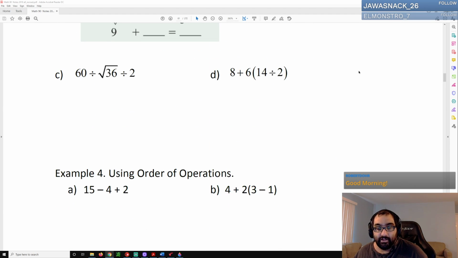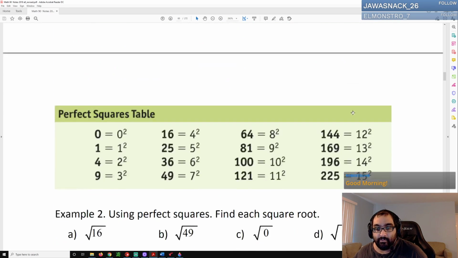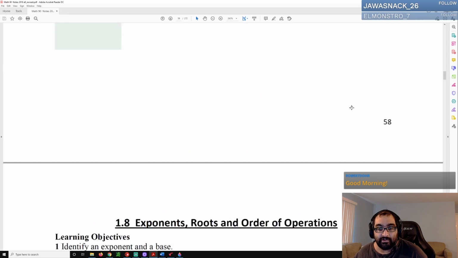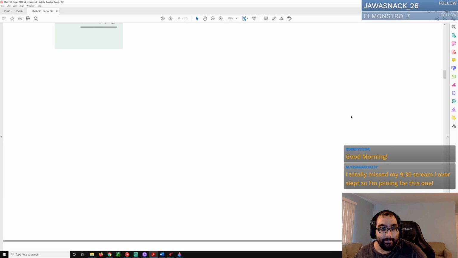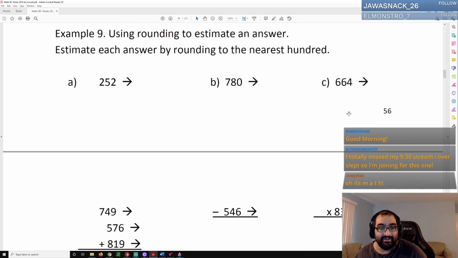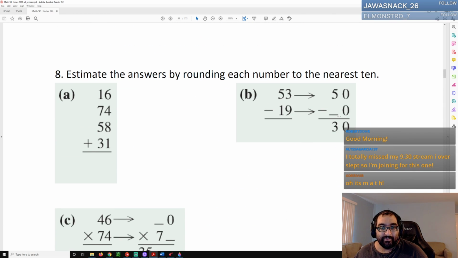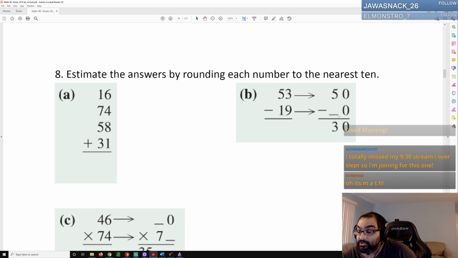So let's go ahead and get started here with the latter half of section 1.7, and then we'll work our way up from there. Okay, so if you recall from last time here, yes, Korovar. So if we remember from last time here, we talked about how to round numbers.